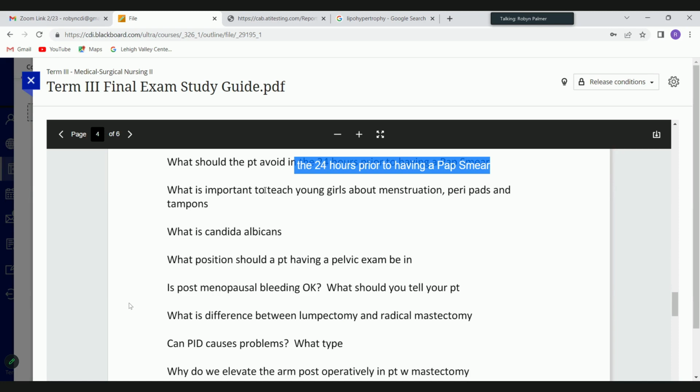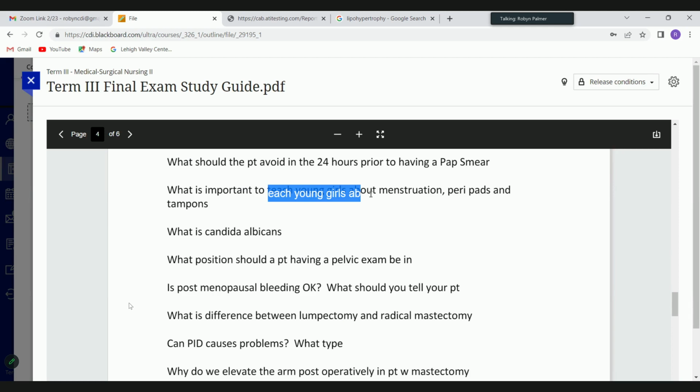What's important to teach young girls about menstruation, pads, and tampons? You guys haven't even had this yet. Well, we have this. If you have a heavy period, you shouldn't use tampons more than 4 hours, and it could cause what? Toxic shock syndrome, TSS. That's exactly right. So we'll learn about this next week. You can put a little star on the left side so you remember to fill this in.